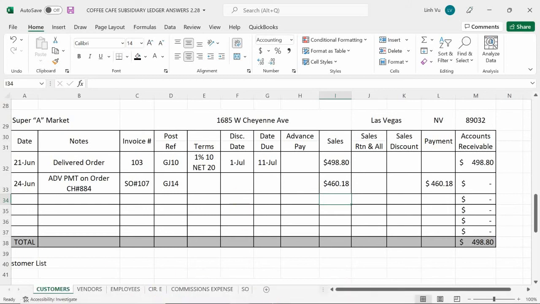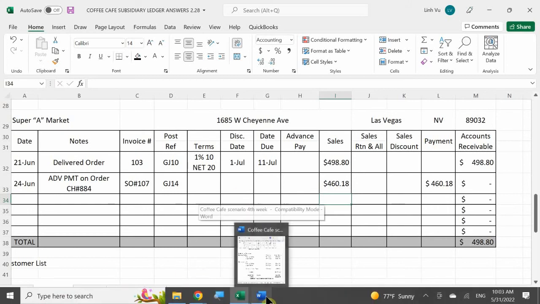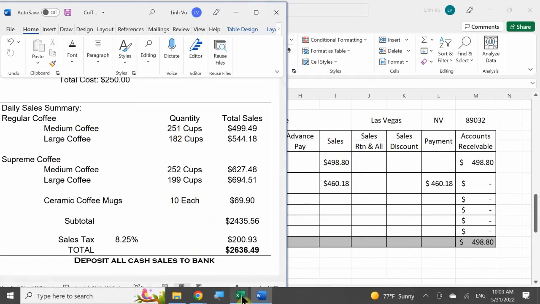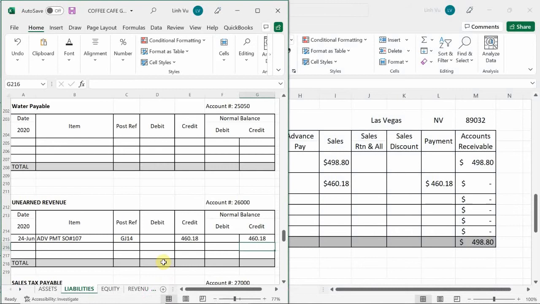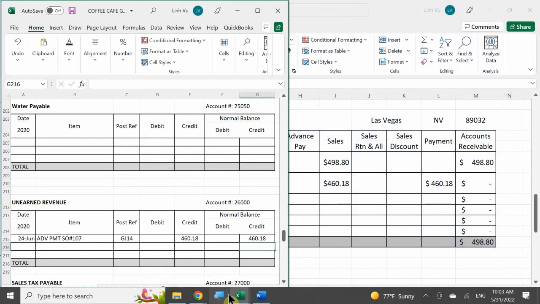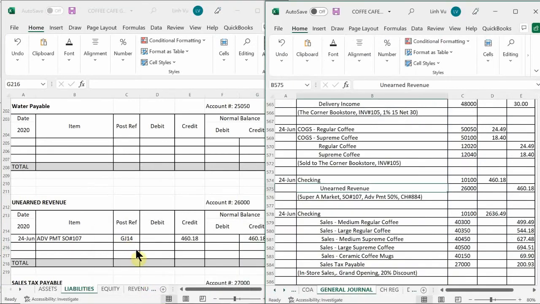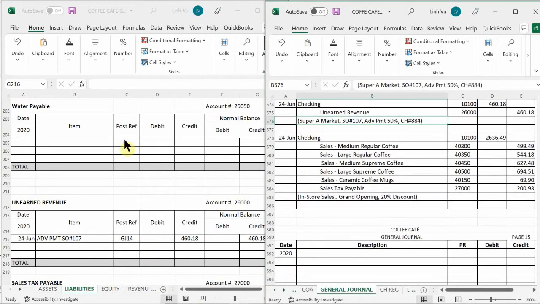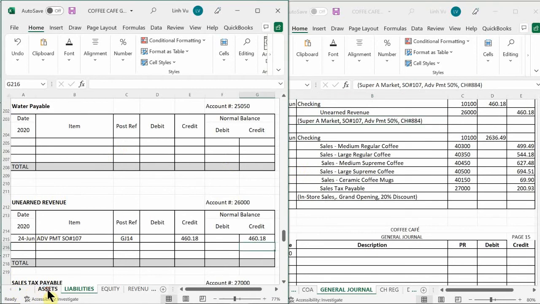So now that I finished this one, we can go back to the next one, which is the sales. In this case, I still have to go through my journal. Okay. I finished my advanced payment here. So now I have to go through all of the sales, starting with checking.